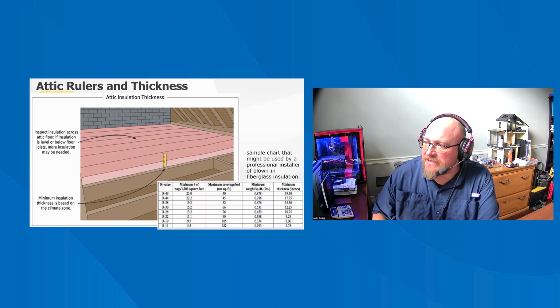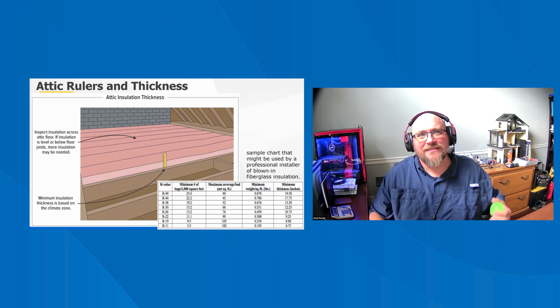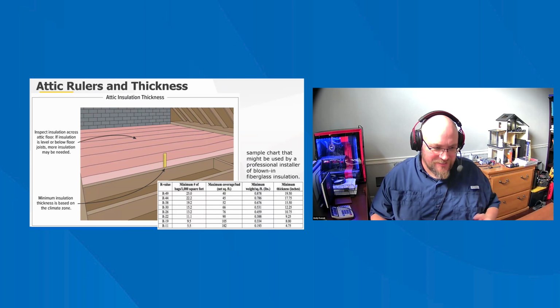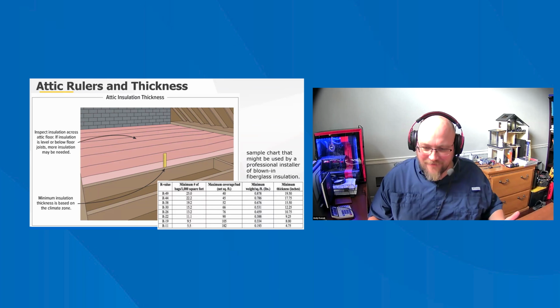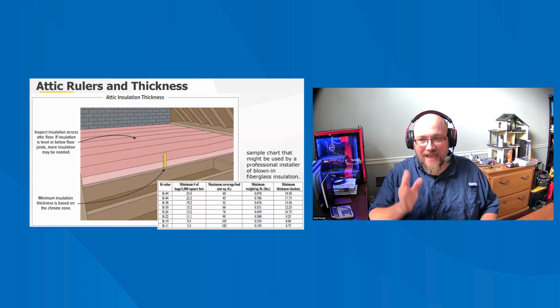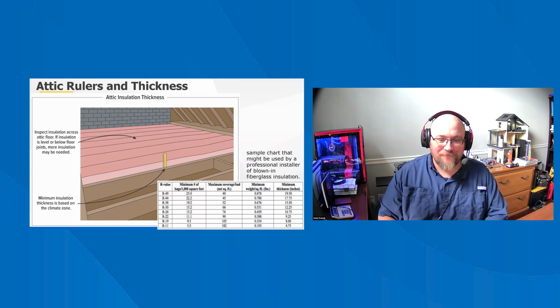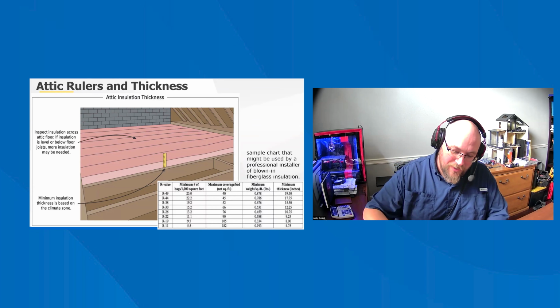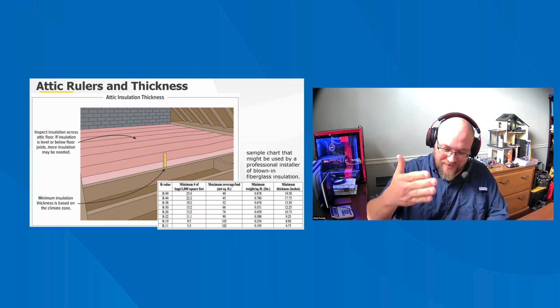One other thing to keep in mind is that sometimes you come across an insulation installer that maybe doesn't have the best reputation. If you are relying on those attic rulers to dictate the depth of the insulation, and you can access them, I always try to push back the insulation and make sure that ruler is not bent at the bottom.